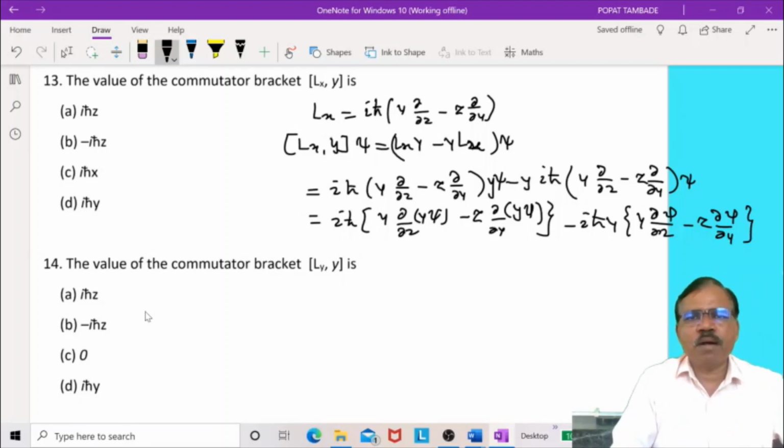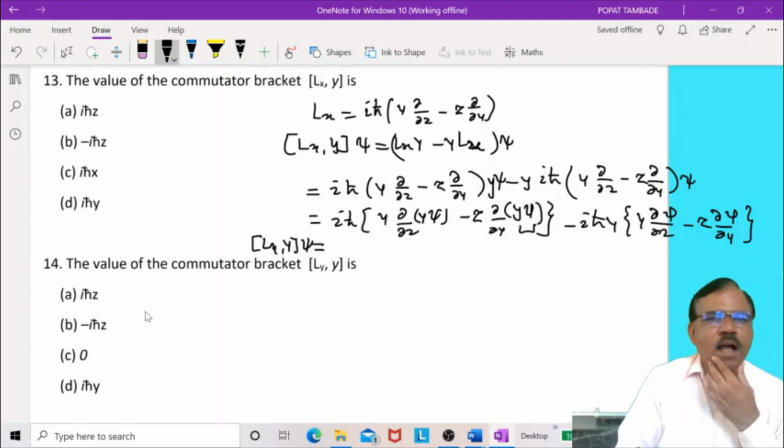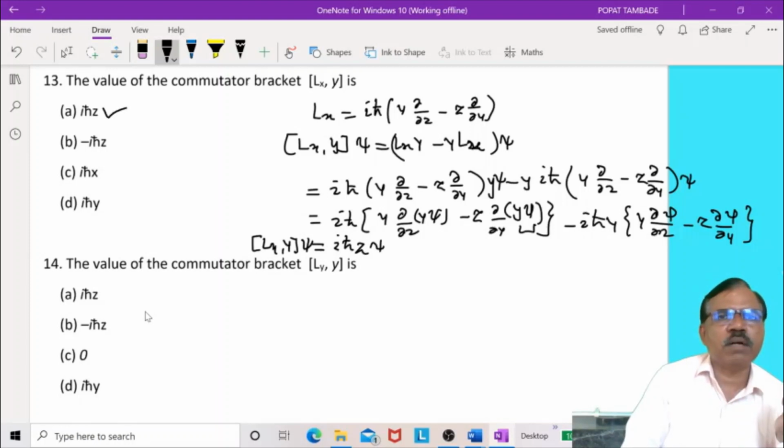Now we know ∂/∂z of y psi, y will come out. ∂/∂y of y psi, here we have to take the product of these two. So if we solve this, finally we will get Lx comma y operating on psi will be equal to iħ z psi. So here the answer is iħ z.